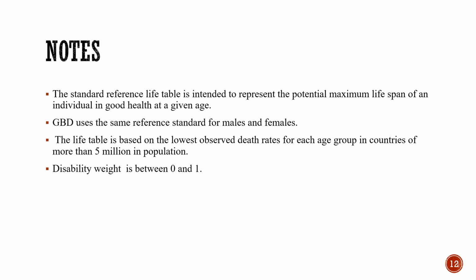GBD uses the same reference table for males and females. The disability weight is between 0 and 1, where 1 is equal to death and 0 is perfect health.